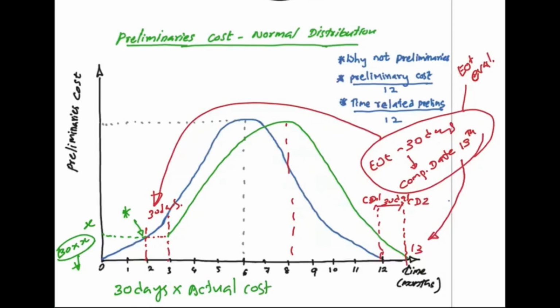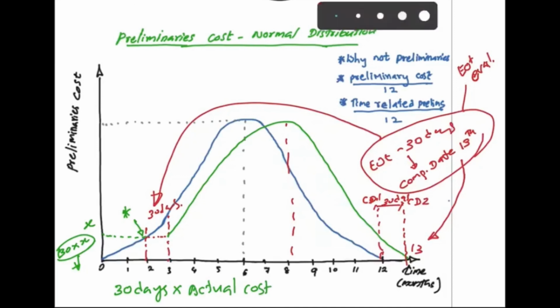If someone considers these 30 days between completion date 1 and the new completion date, what he is getting is the actual records of the last part of the project, which is very much lesser than the second and third month's preliminary cost, because at the end of the project the contractor may have demobilized most of his resources.